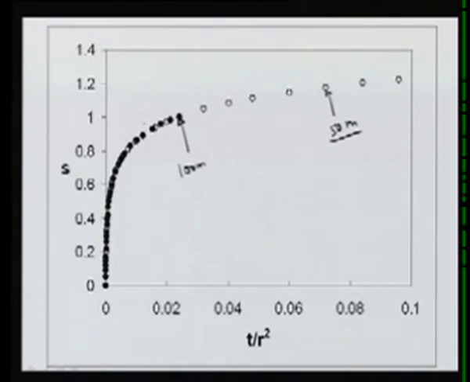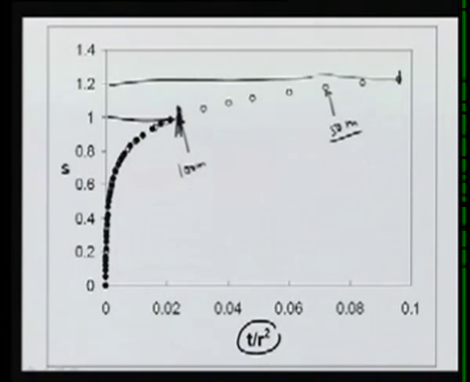The data for t over r square for the 100-meter well stops here, which is 1 meter drawdown. The data for the 50-meter curve goes up to 1.2 meter drawdown. So with t over r square, what we are doing is kind of non-dimensionalizing the time with respect to the distance. So in the t over r square versus s curve, again s is in meters, and t over r square here is in minutes per meter square.